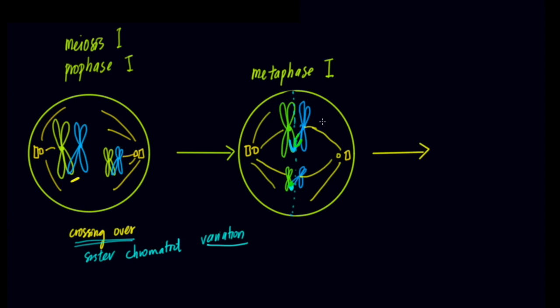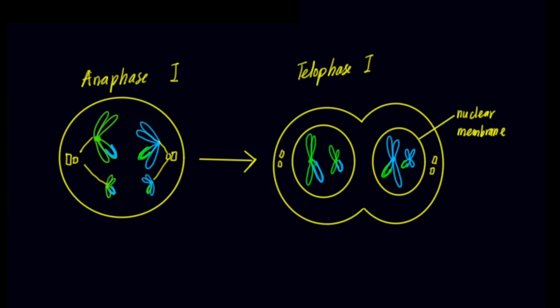After metaphase is anaphase. Anaphase is always splitting up. So now the homologous chromosomes split up. That is the key thing that occurs during meiosis. Remember, I told you they already had crossing over. So this is a green chromosome with a little bit of blue, and this is a blue chromosome with a little bit of green.